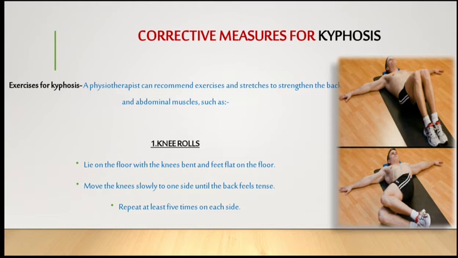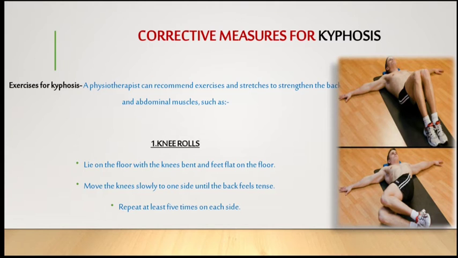So basically we use exercise. Okay, so there are many types of exercise for different deformities. For kyphosis, a physiotherapist can recommend exercises and stretches to strengthen the back and abdominal muscles, just like the knee roll exercise. Okay, so the first step is doing the knee roll exercise.